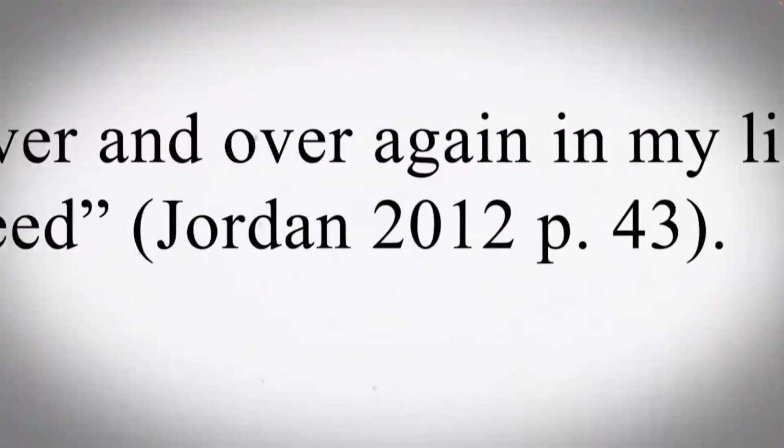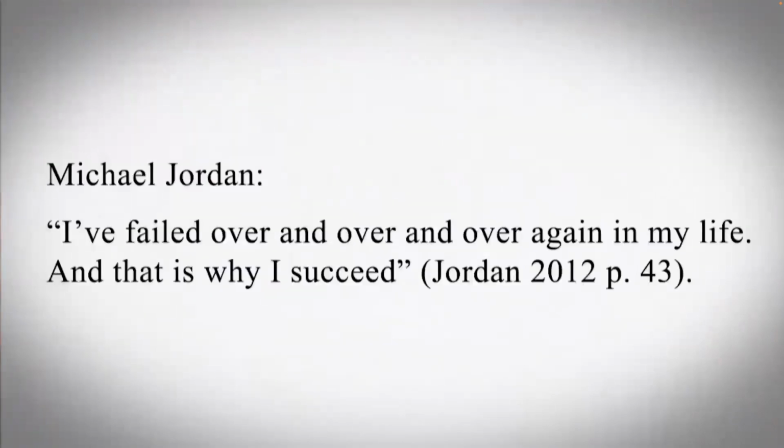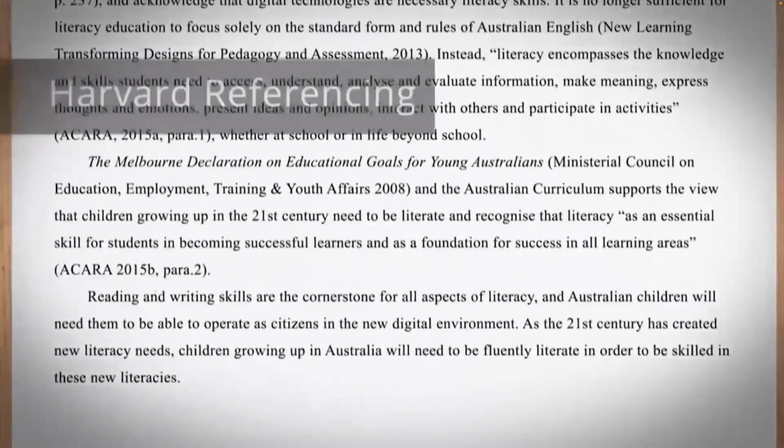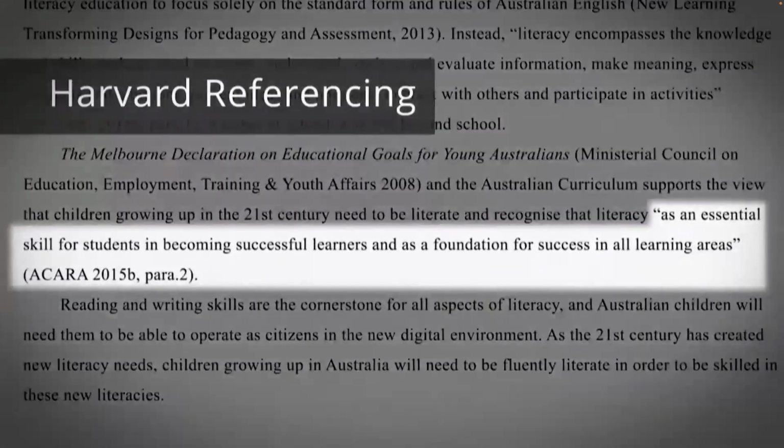Let's take a look at how to do that. When referencing a direct quote, enclose the quote with double quotation marks. When using the Harvard referencing method, the in-text citation should be written immediately after the quote, before the end punctuation mark. You cite a quote using the Harvard referencing method this way. Take note of the punctuation, as this is important.